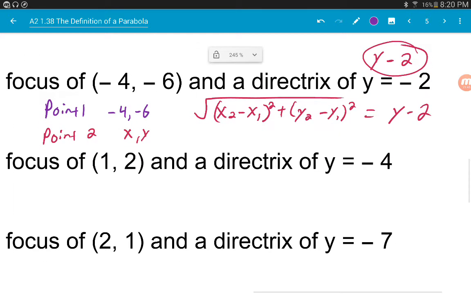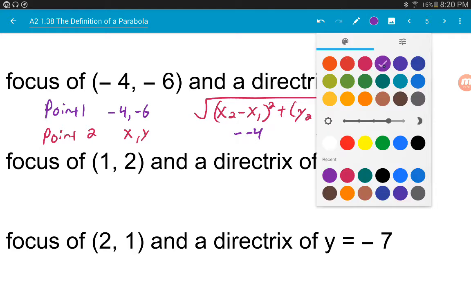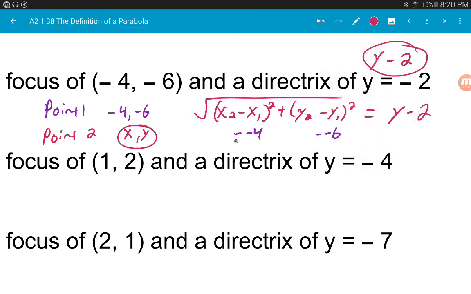Plug in on the left hand side with these points. So this would be x minus -4. It's a little fun, double negative. And here would be y minus -6. These guys will get plugged in as x and y.